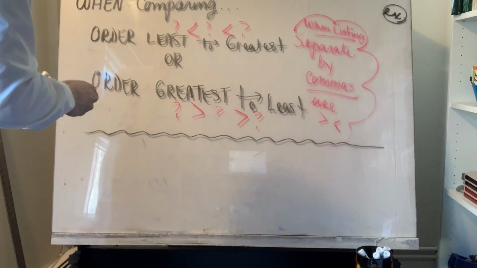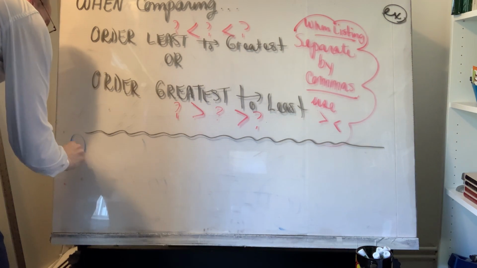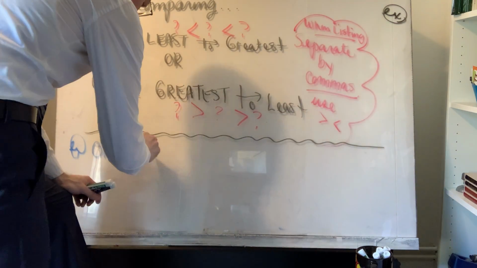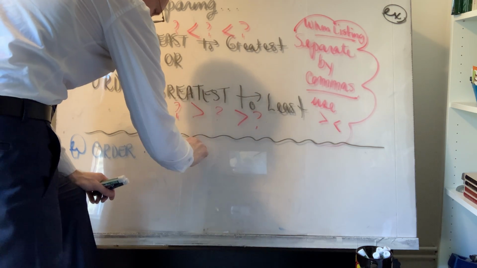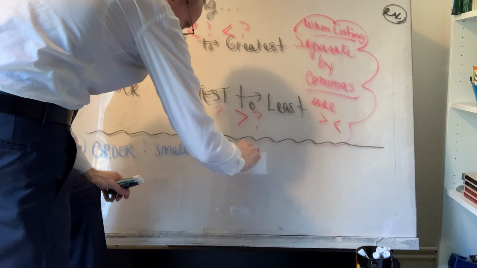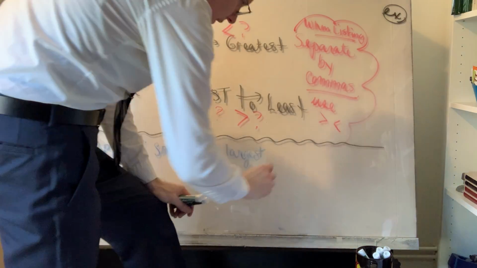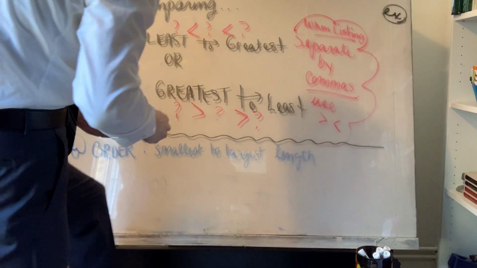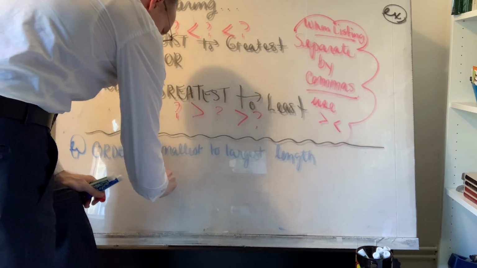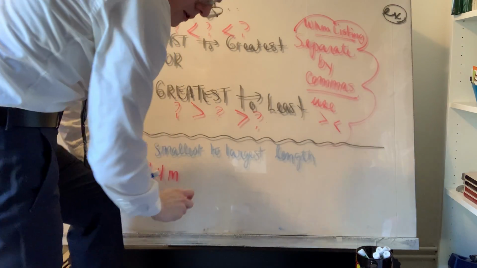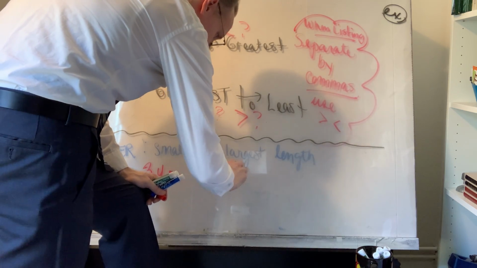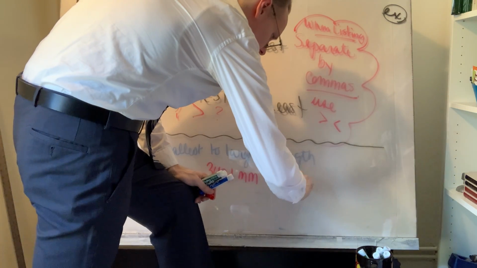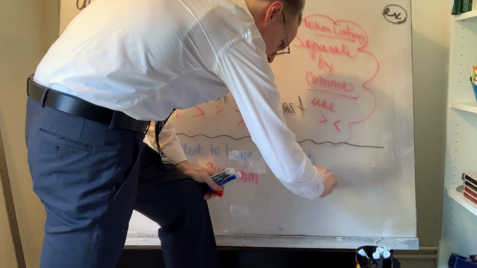If you were to order from smallest to largest length these figures: 3.4 meters, 3,421 millimeters, and 104 centimeters.